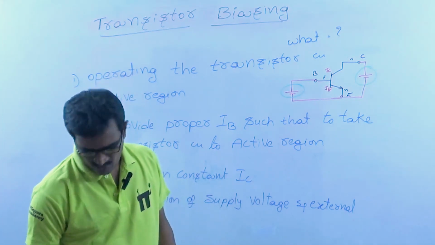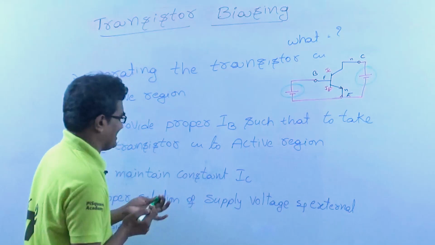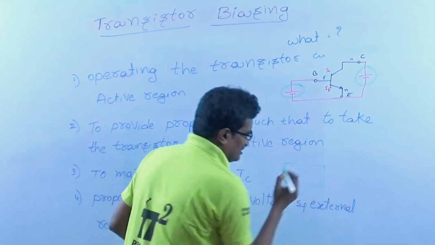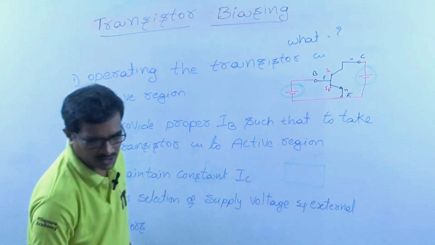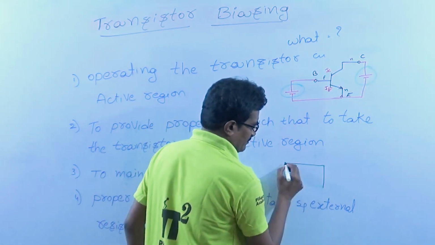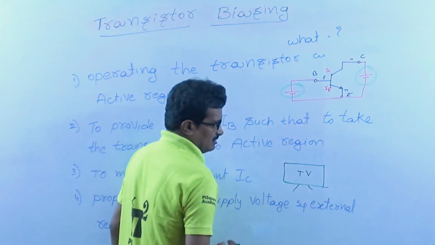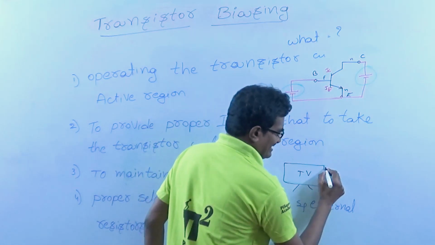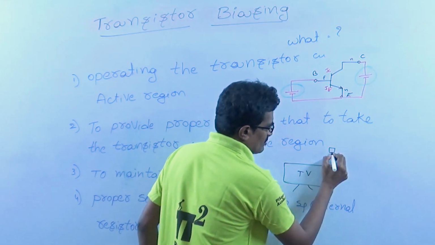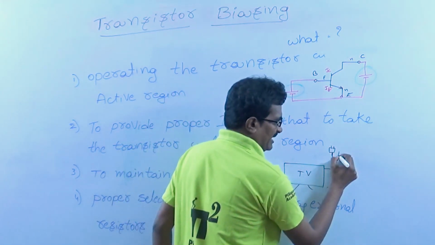And one more thing, let us compare this with a practical application. Let us take a TV. This is a common electronic appliance nowadays. For this TV, you need to provide a proper DC supply, the power supply.